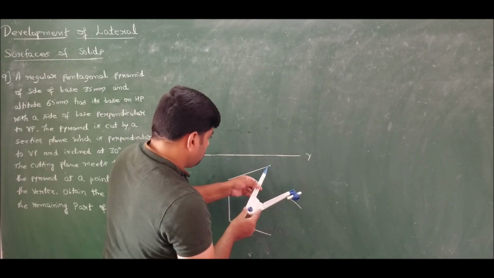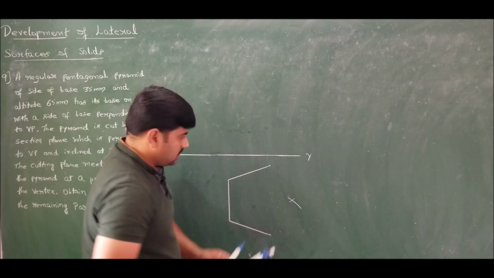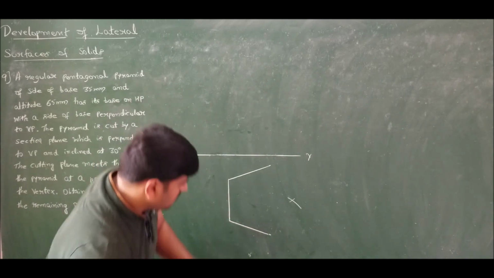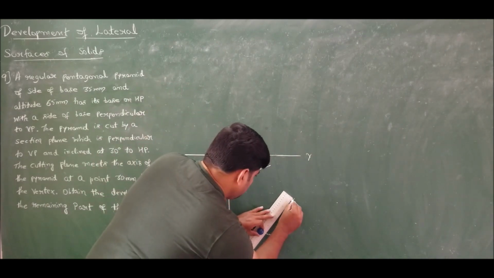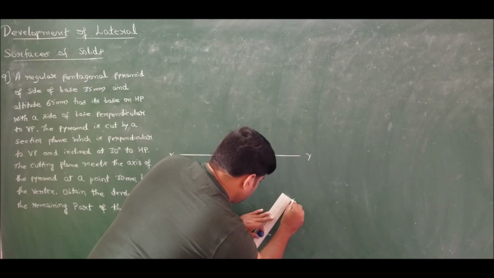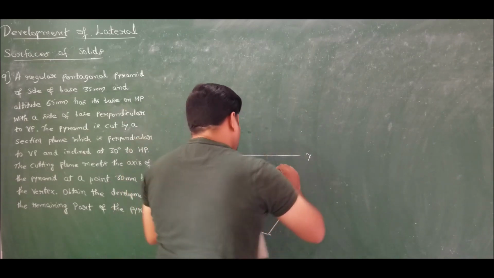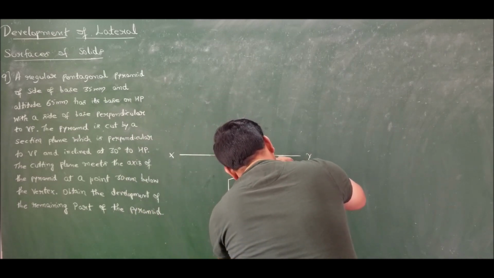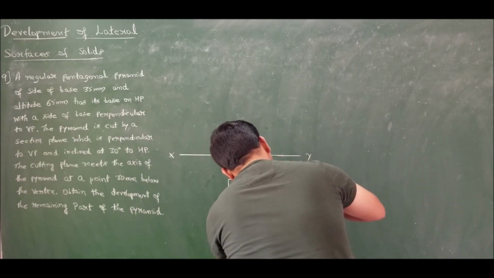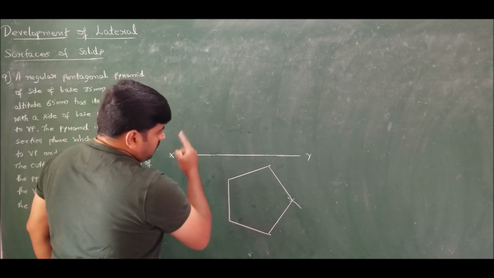From here also you intersect this. So that completes the required pentagon of side 35 mm, and one of the sides is perpendicular to VP. Satisfied. So this side is perpendicular to VP.